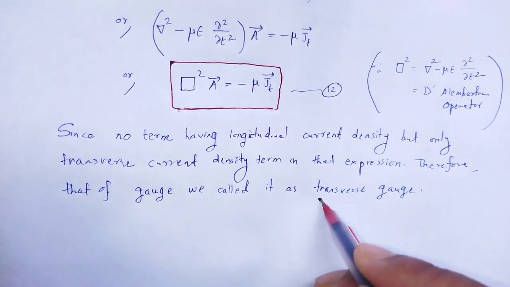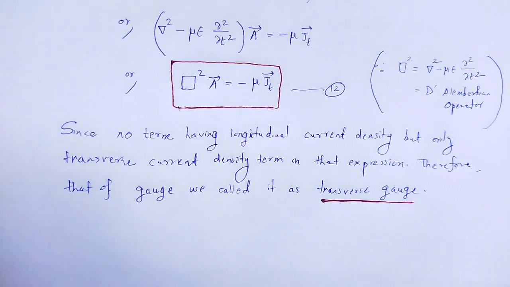So, the Coulomb gauge is also called the transverse gauge.